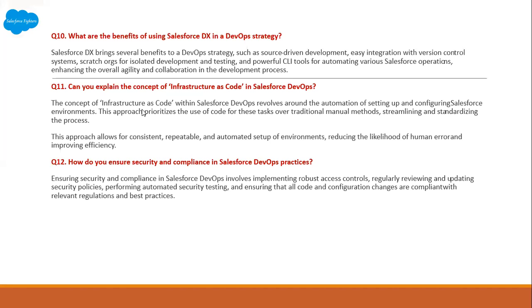The concept of infrastructure as code within Salesforce DevOps revolves around the automation of setting up and configuring Salesforce environments. This approach promotes the use of code for this task over traditional manual methods, streamlining and standardizing the process.